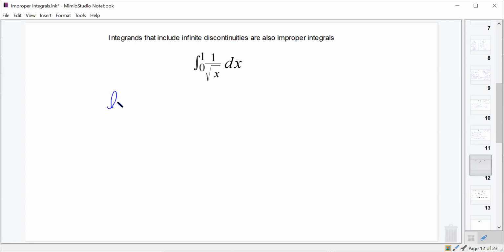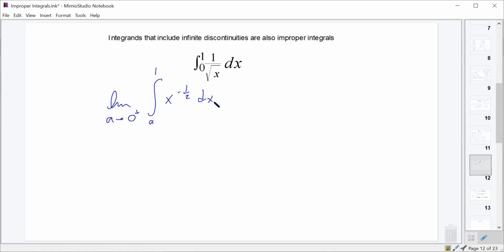So we're going to rewrite this as a limit as a approaches 0, because that's where our asymptote is. And since our interval is from 0 to 1, we're going to be approaching 0 from the right-hand side. So we're going to integrate from a to 1 of x to the negative 1/2 dx.